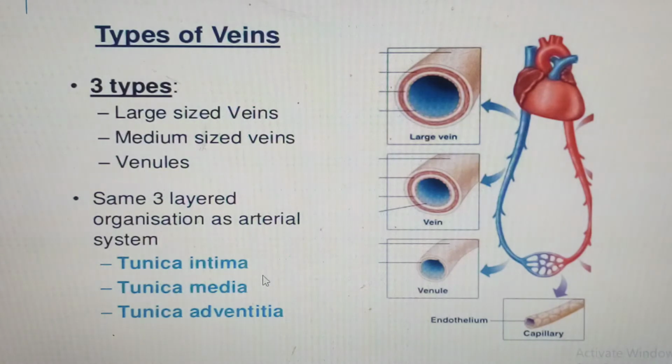Again, tunica adventitia of veins will be thicker compared to that in the case of arteries. However, in terms of the entire thickness of the wall, from tunica intima to the tunica media and of course to tunica adventitia, the entire thickness in that of arteries will be thicker compared to that of veins.